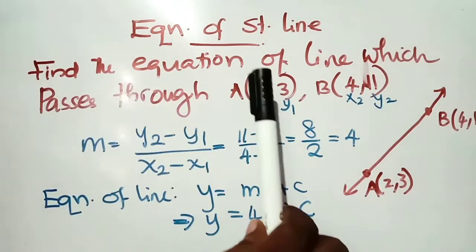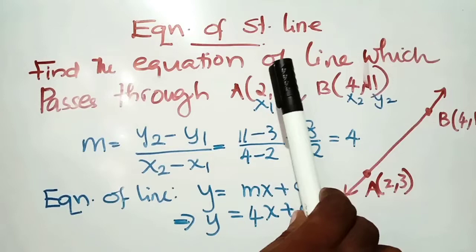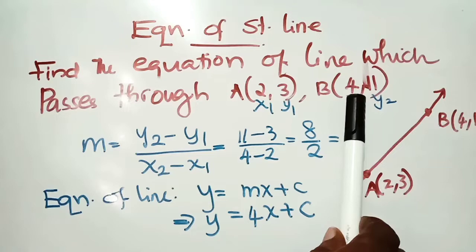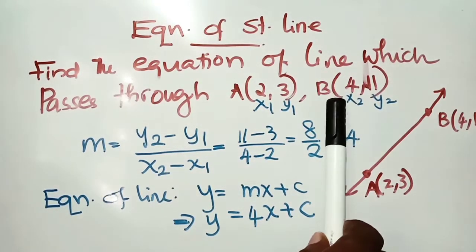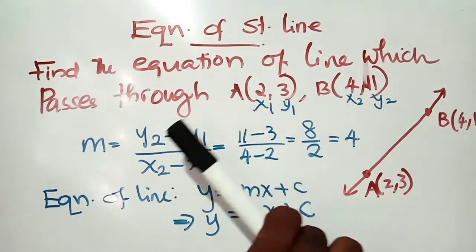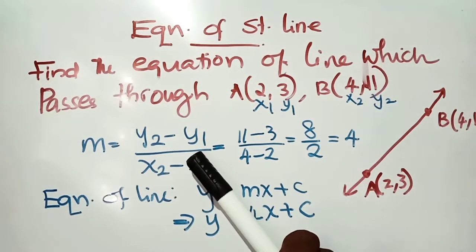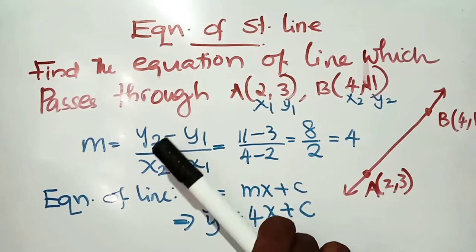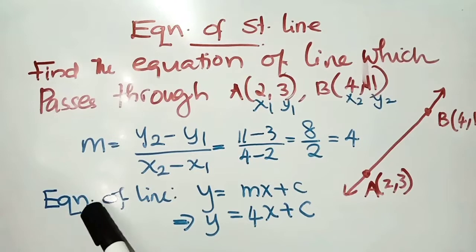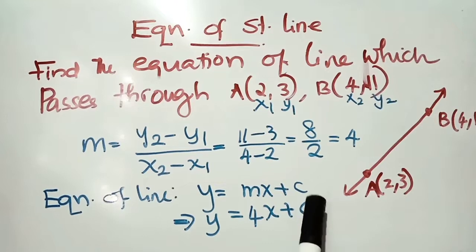These are all fixed steps. When a question is given with 2 points, our first task is to calculate the gradient m, using y2 minus y1 divided by x2 minus x1, change in y divided by change in x. Then the second step is to write the equation of the line, but there the value of c will be unknown.